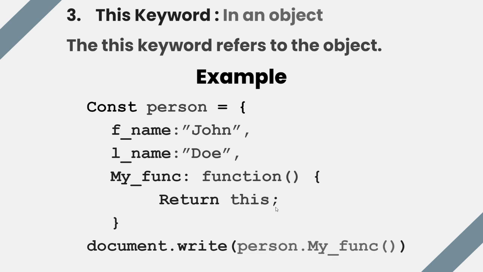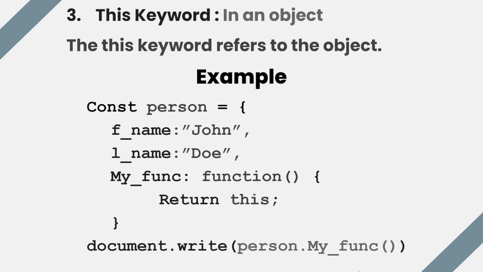So the person here represents the actual object and the my underscore func here represents the key name. I believe we already know how to reference the key name. Very easy. You begin with the object name and you can either make use of the dot notation or the bracket notation, and that is followed by the key name itself.